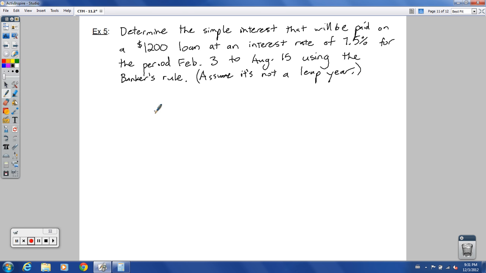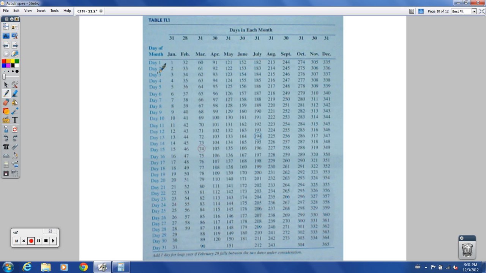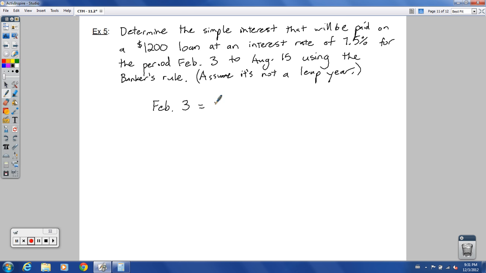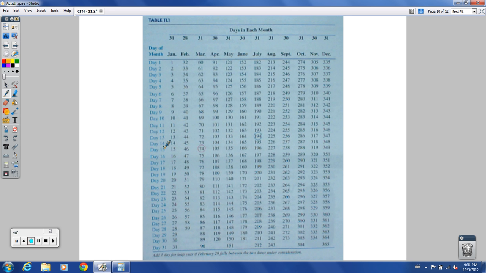So what is February 3? If you look at the table, here's day 3 of February, that's 34 right there. So that's day 34. How about August 15? Here's 15. Here's August. Line those up. You got 227.